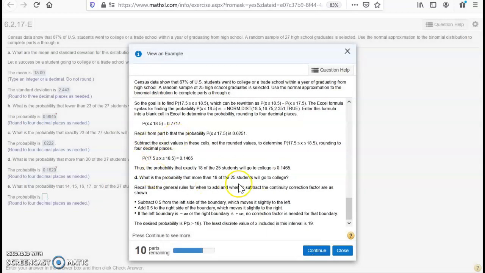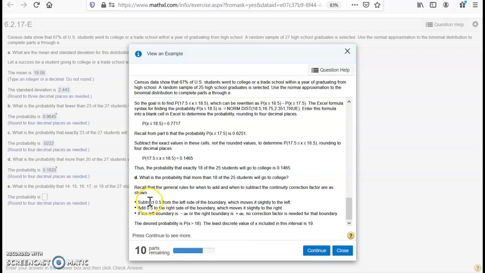And part D is where, since we're looking at more than 20, we don't want to include 20.